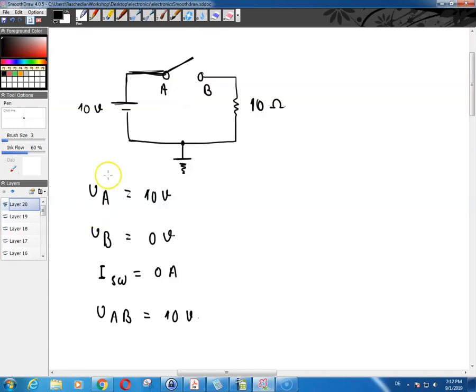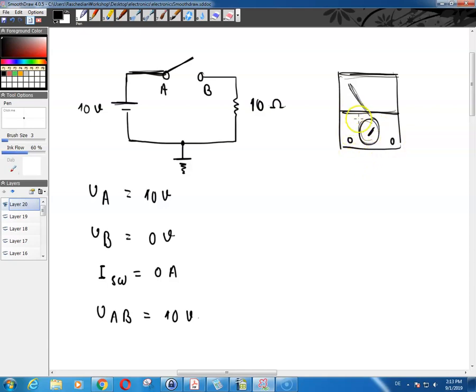And when I write V of A, that means that if you have a voltmeter over here, on your voltmeter you have this needle over here, and you have this selector over here, and you have 2 leads over here.